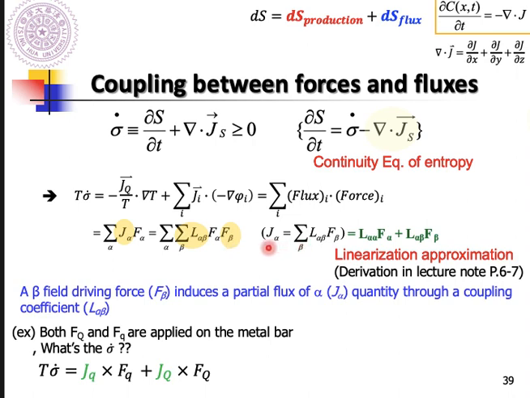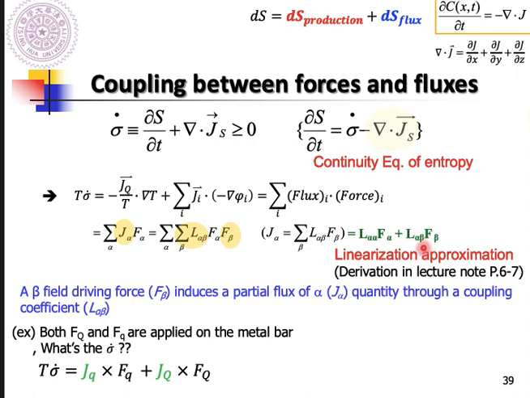So the flux is contributed directly by the corresponding driving force, but the other driving force, F beta, which exists in this system, also contributes to this flux, and contributes by what? By the coefficient we call L alpha beta.